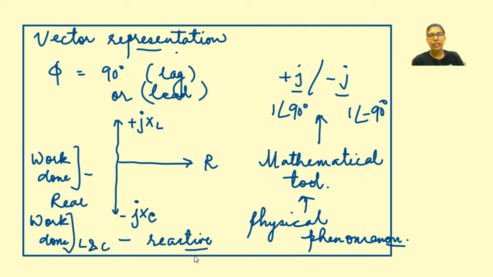Not real in electric circuits is termed as reactive. The work done by the resistors is given as the real power, also known as the active power, whereas the work done by an inductor or a capacitor is not real and it is termed as reactive power. Is this part clear to all?